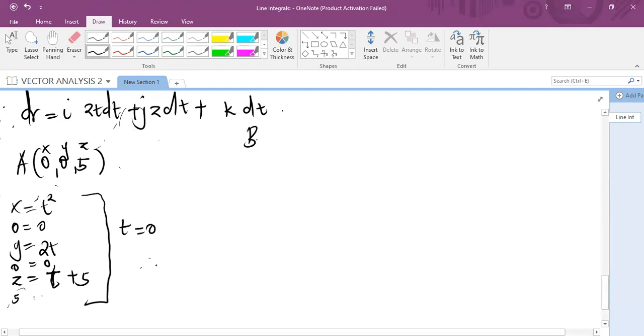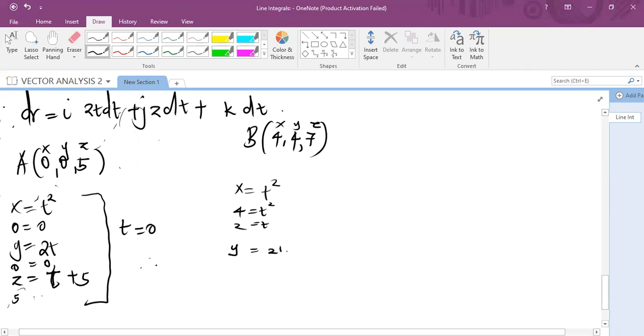For the next point, B is 4, 4, 7. So let's do the same. Now we know that x is equal to t squared. So for x is equal to 4, what will we have? t squared is 4, so t will be equal to 2. Y is 4.